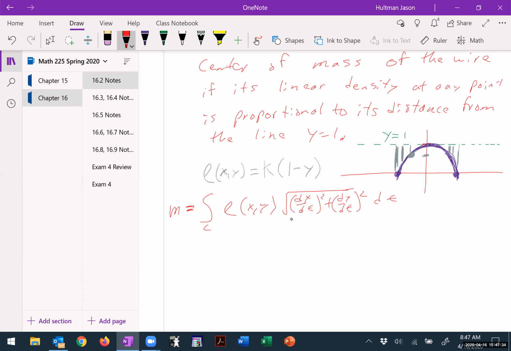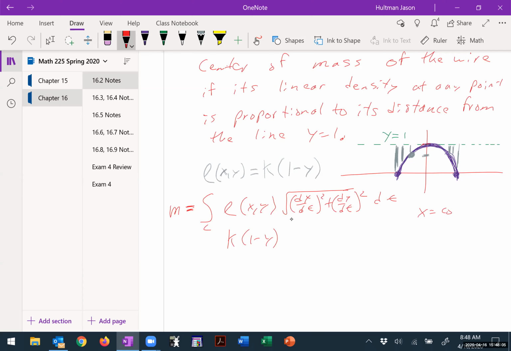So we have rho of x, y, which is k times 1 minus y. But we need to parametrize this. So how are we going to parametrize a half circle? Well, we just did that. That was x equals cosine t, y equals sine t.